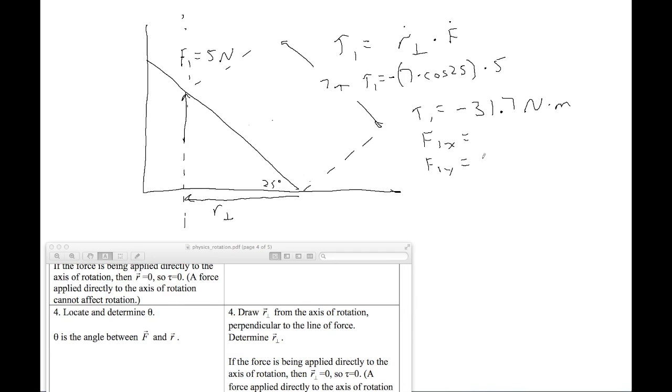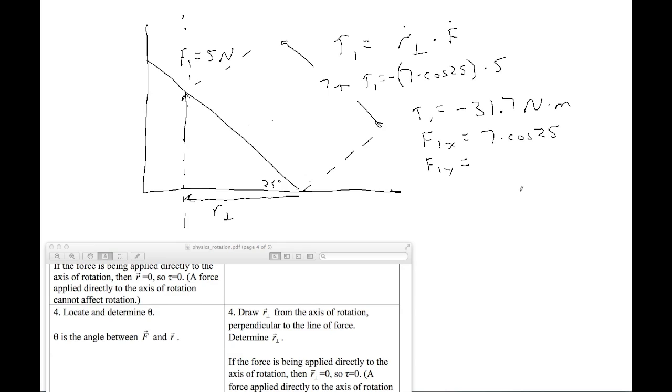So that would be the 7 cosine of 25 degrees. So let me do the math. That is 6.3 approximately. 6.3, what would be the units on that? 6.3 meters. Or, no, I'm sorry, 6.3 newtons.